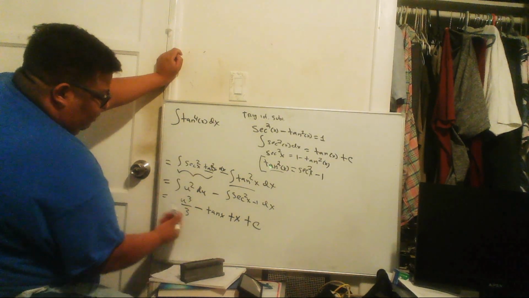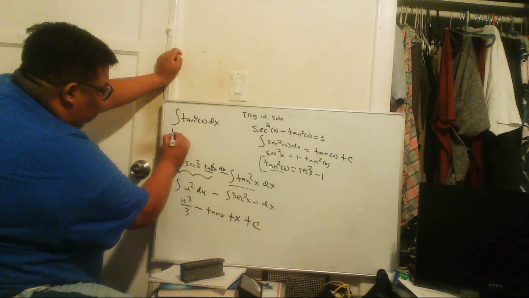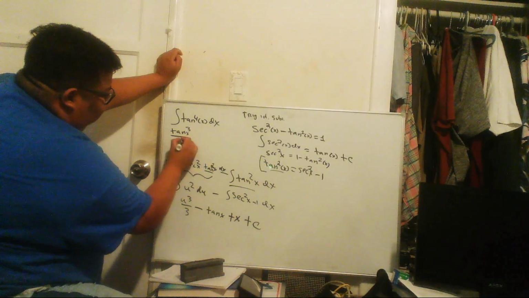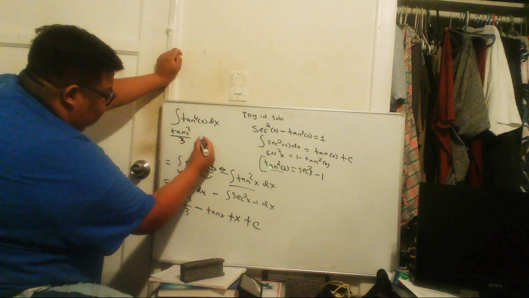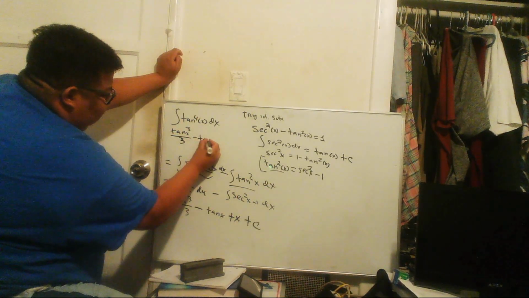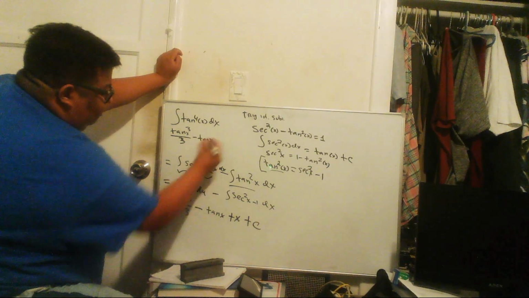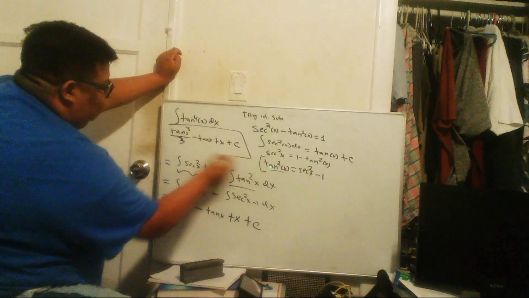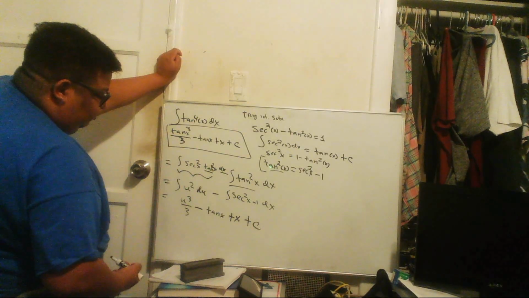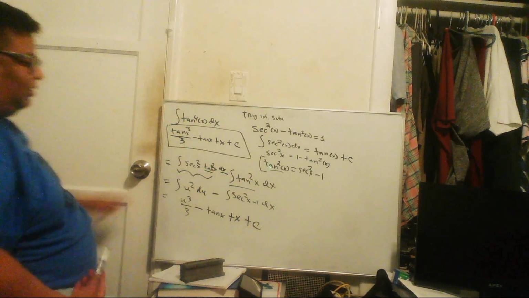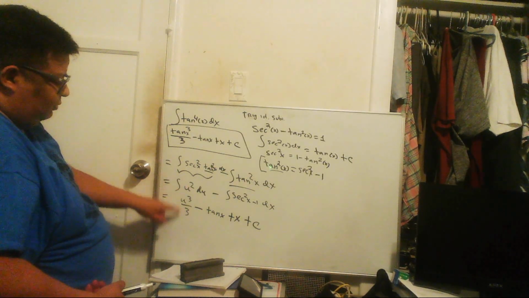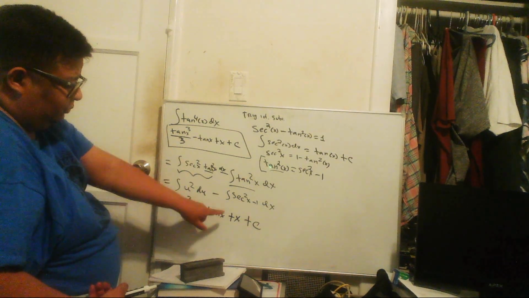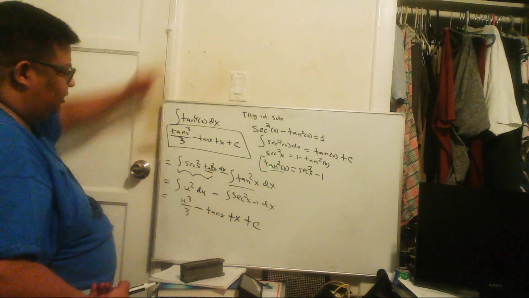So u cube over 3 becomes tangent cube x over 3, minus tangent x, plus x, plus c. That will be your final answer. I don't want to lose the minus this time. So now it looks good.